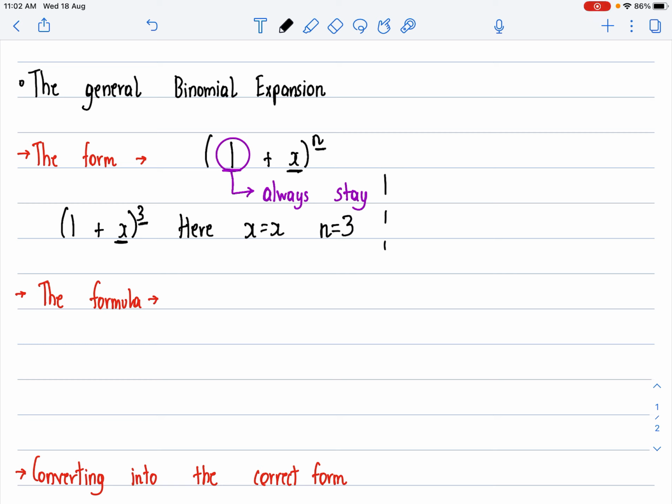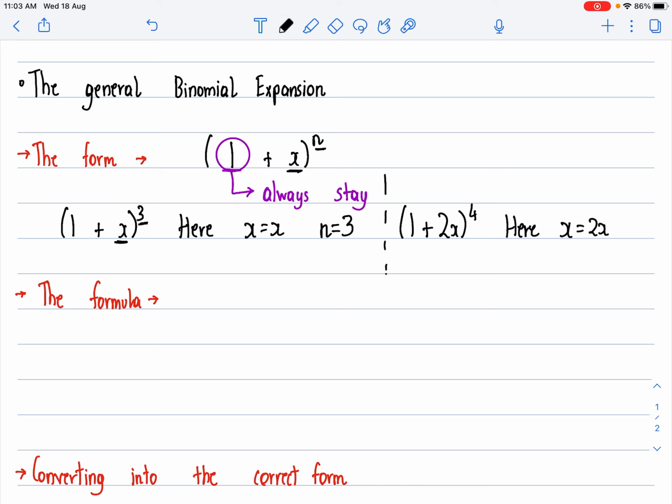In the same way, if I get something like 1 plus 2x the whole raised to 4. In this case, as you can see, the 1 is there, so the form is constant. And here you need to know that your x is now equal to 2x, because in this place where you had x, now here you have 2x, correct?